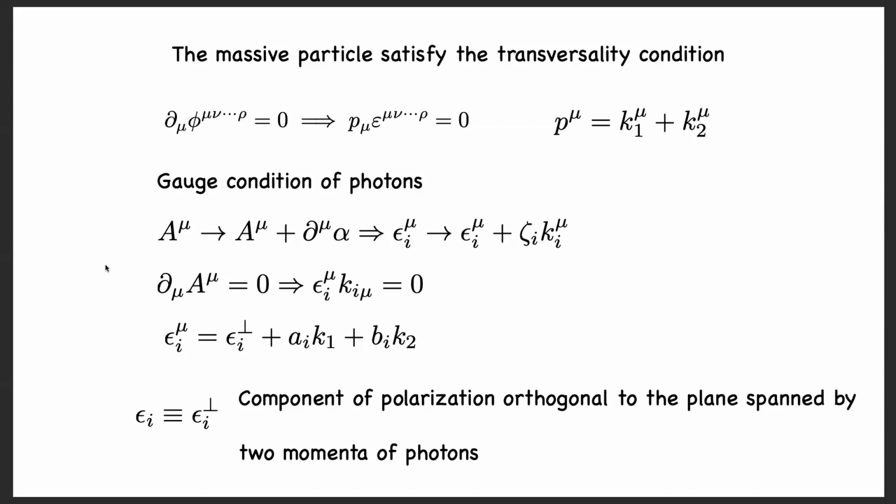So the independent things that we have are the polarization of the massive particle epsilon, which is orthogonal to P, the traceless polarization, and the polarization orthogonal to the K1 K2 plane, and the momenta K1 and K2. But you can see that this thing is orthogonal to P. Just remember the concept.